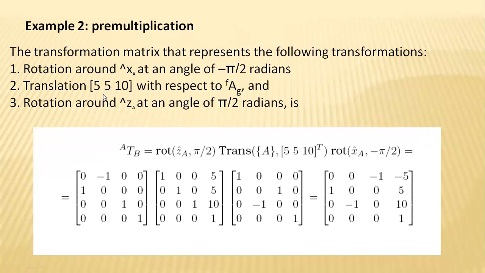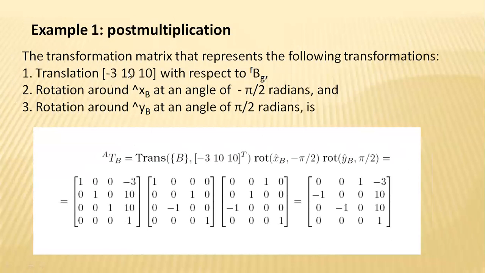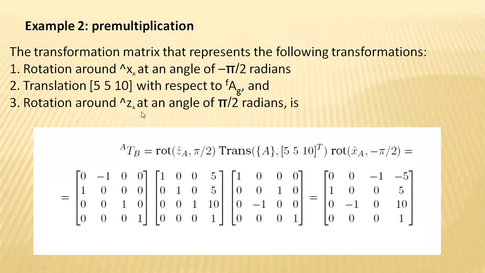In the previous problem, the values are referred to, and the initial step is translation. The second and third steps are rotations, and the axis is also very important. X, z, x, y in the previous question.